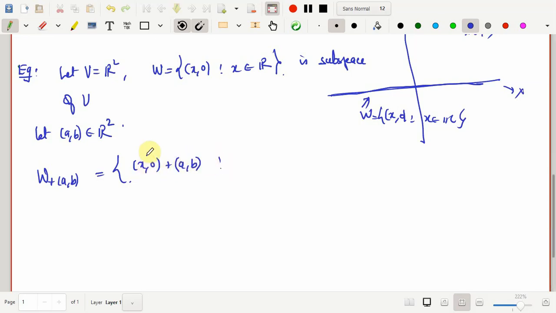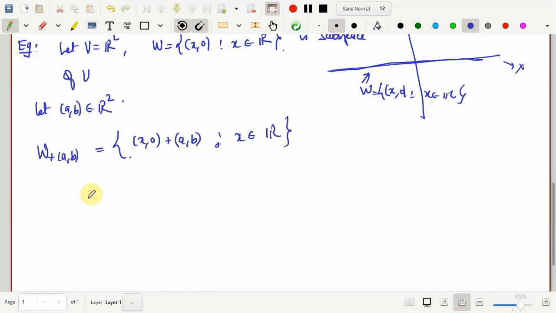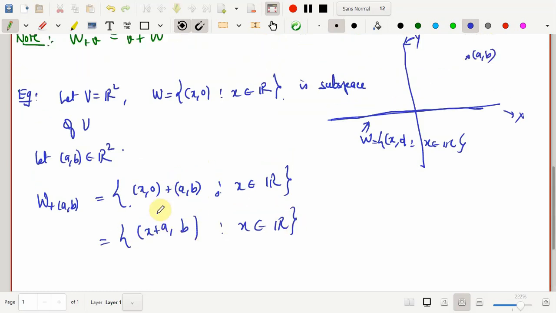Now instead of saying that w is varying over capital W, as I know that any vector in W will be of this form (x, 0), where x belongs to R. So this is the right coset generated by (a, b), and by the definition of addition in R2, this is the same as (x + a, 0 + b), which is (x + a, b), where x is varying over R.